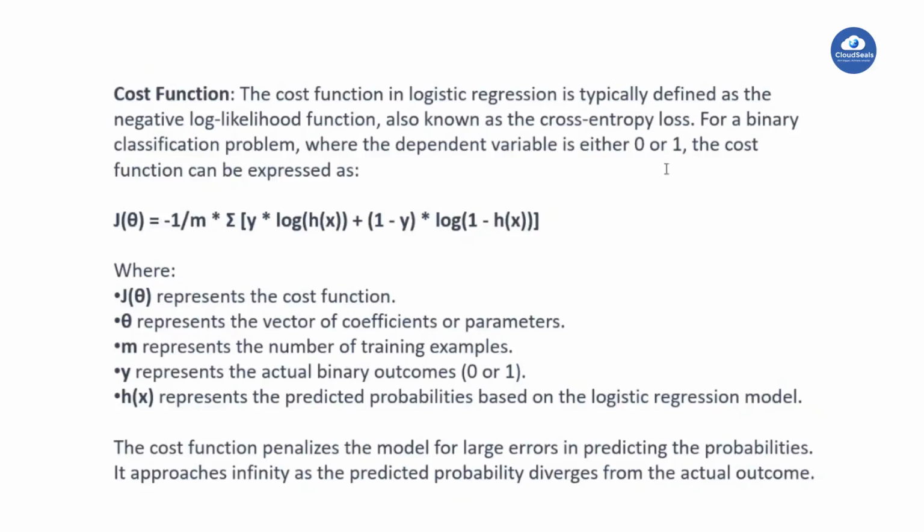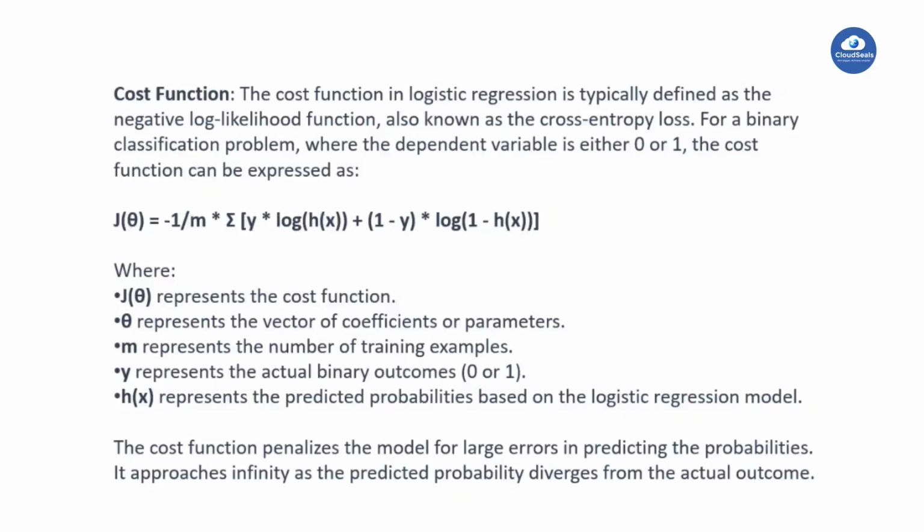This also lies between 0 and 1. These are some parameters: J theta is the cost function, m is the total number of samples, y is the actual value, and h of x is the probability. By substituting these values in this equation, we'll get the cost function.